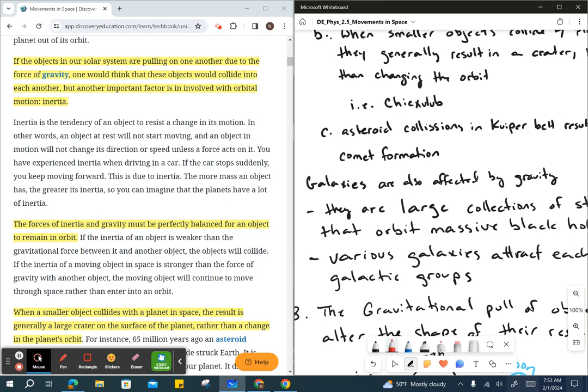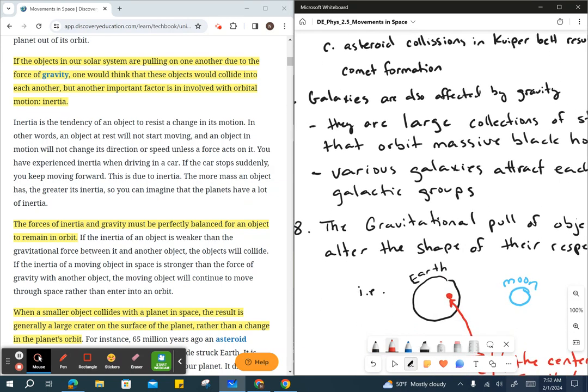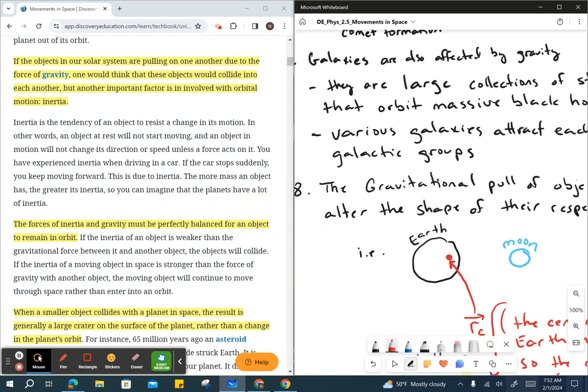Now, you and I and our moon, our planet, and our sun, we're not the only things affected by gravity. Galaxies are also affected by gravity. At the center of every gravity is a black hole, right? A massive black hole. And galaxies can attract other galaxies, and we call these galactic groups, right?